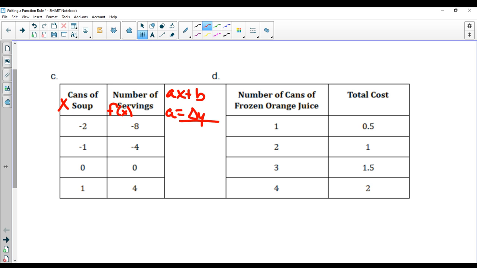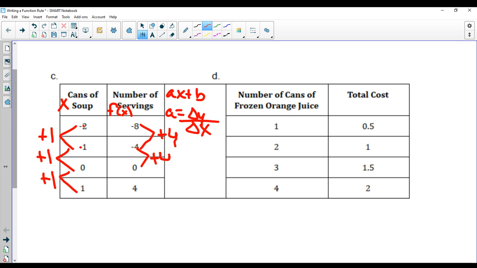A is changing y over changing x, so let's see. -2 to -1. Well, I add 1. -1 to 0, I add 1. 0 to 1, add 1. All right, let's check our y's. -8 to -4, that looks like I have to add 4 to get there.